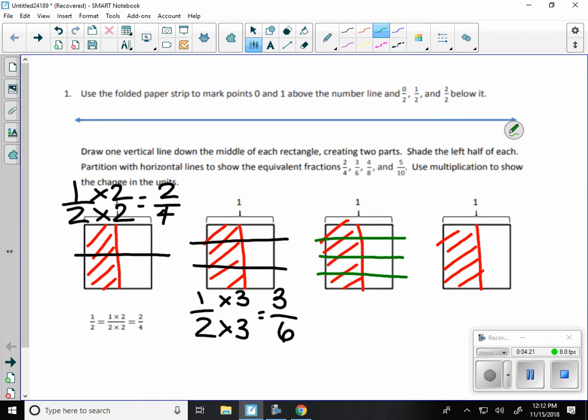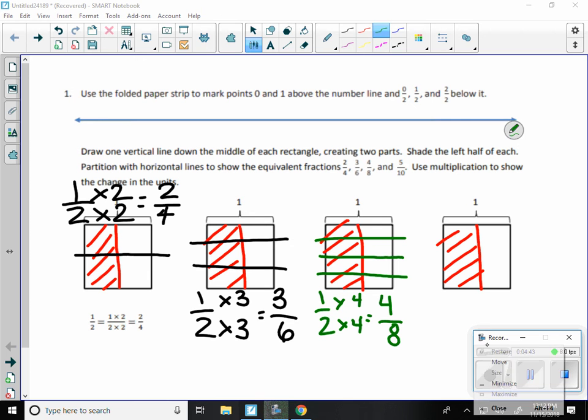What is your equivalent fraction? 4/8. So 1, 2, 3, 4 out of 1, 2, 3, 4, 5, 6, 7, 8. So you have 1/2, and you multiply the top by 4 and the bottom by 4. Very good.